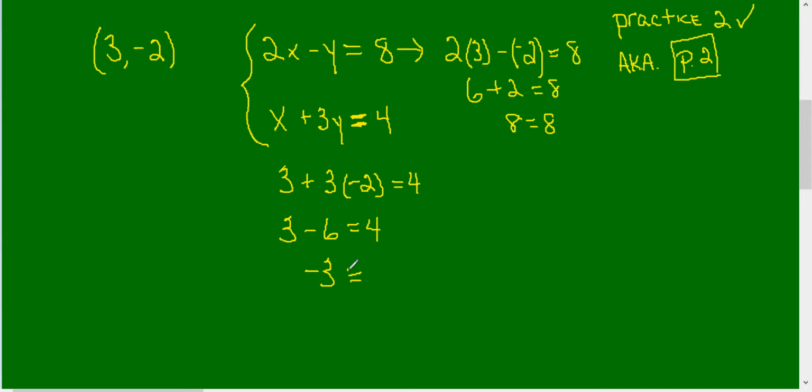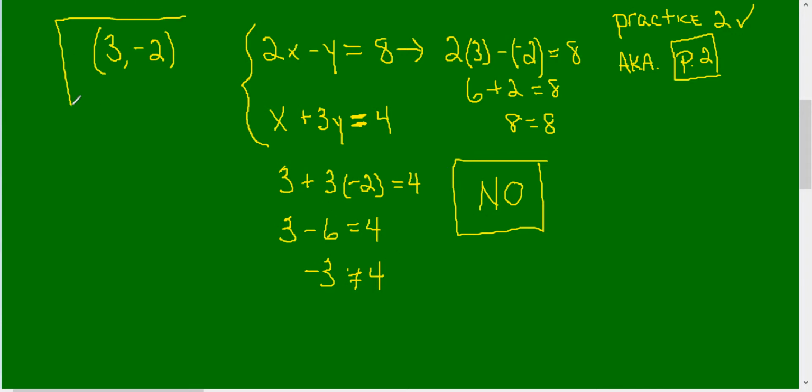And negative 3 does not equal 4. It's not a solution. No. Okay, (3, -2) has to satisfy both equations, and it's not. It's satisfying one, not the other.